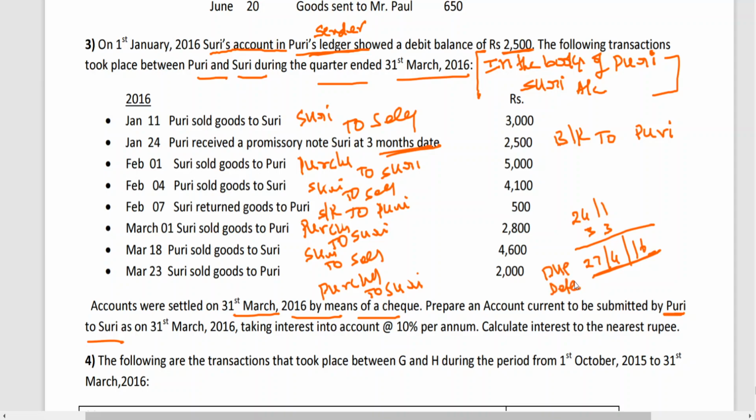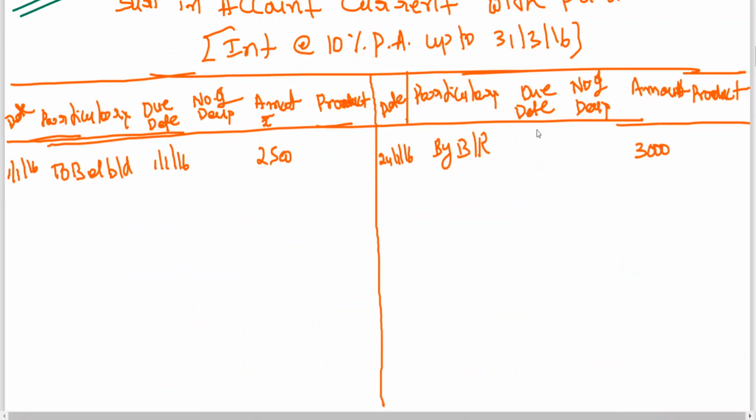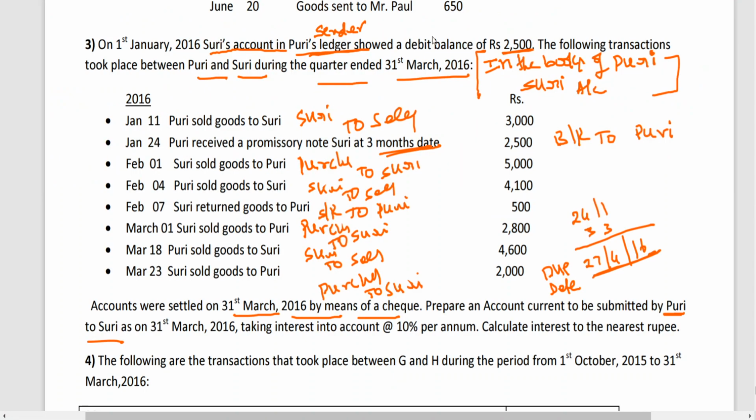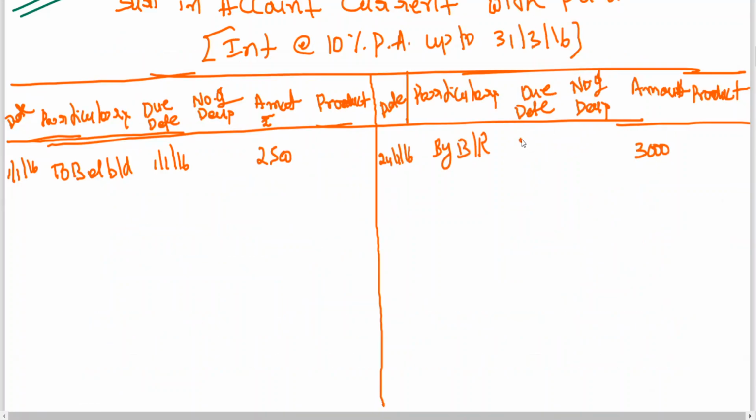So here I am writing the due date. This is the due date, 27th April 16. Now I've written the due date, then I'll come back to explanation later on.